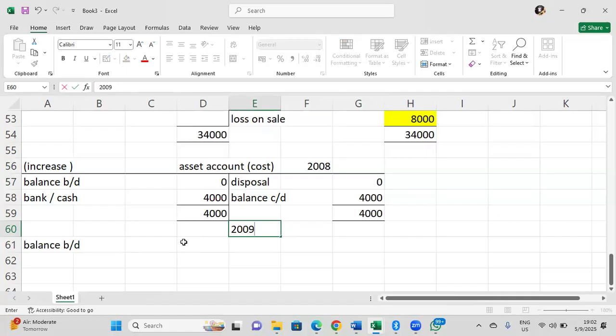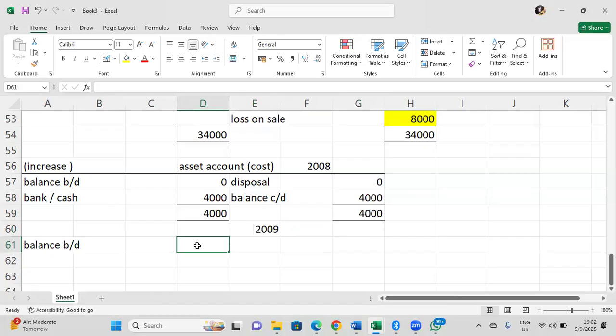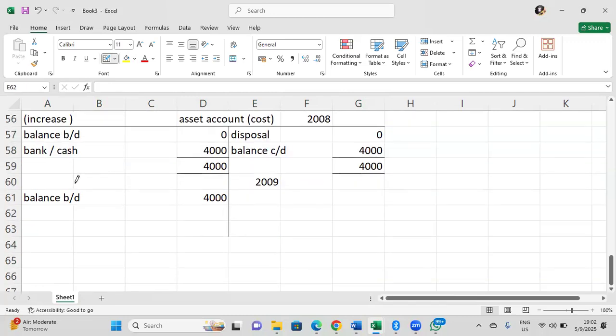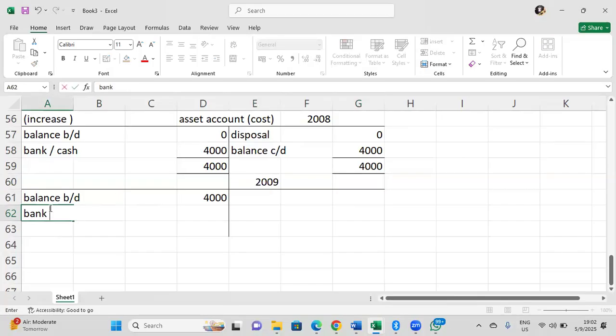So in the year 2009, the balance BD would be 4,000. You can still continue with the account, but since there are no other assets which were bought, it will just be continuing with the same amount. In the year 2009, nothing was bought, so for bank, it's 0. Nothing was disposed, so for disposal, it's again 0.